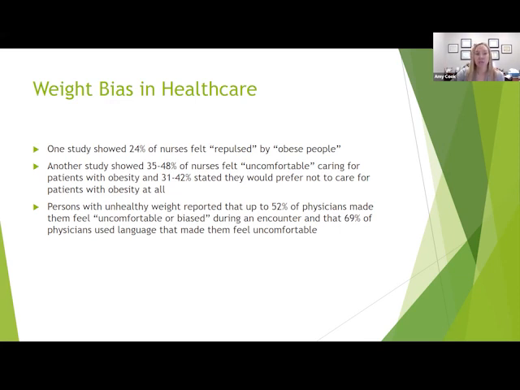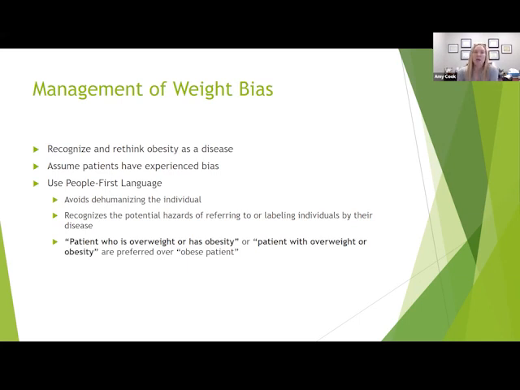So we're going to try to identify ways to help combat obesity bias and weight bias, which first we have to recognize as a bias. And then we can rethink obesity as a disease and not a choice. If there's one thing that you take away from the lecture today, I encourage you to adopt people-first language, which helps to prevent dehumanizing the individual as their disease.